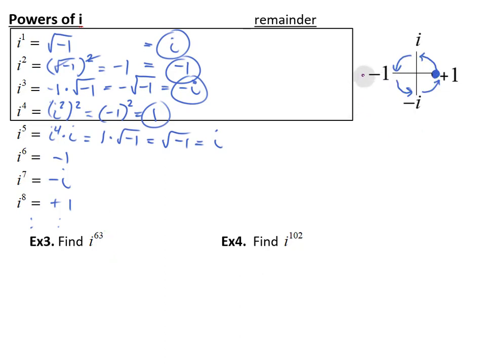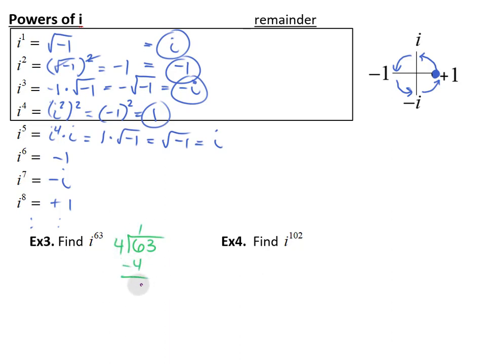So instead, we want to find a faster way. I know this thing repeats itself every 4. So one question I ask myself is, how do I know how many times this would go through that, what we call 4-cycle? I can figure that out by taking my number, 63, and dividing it by 4.